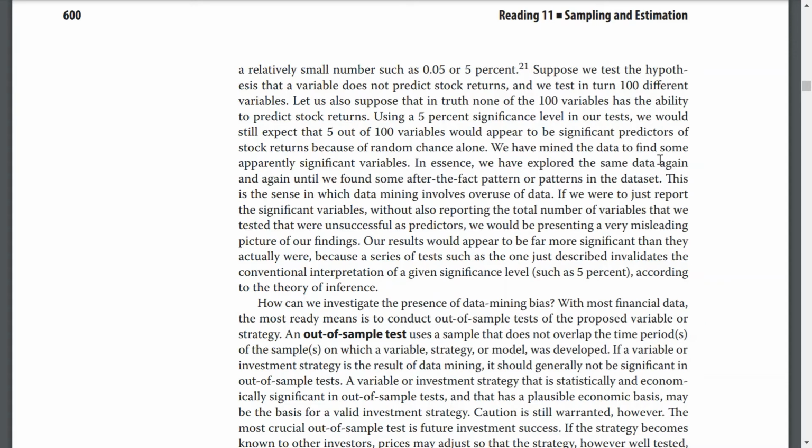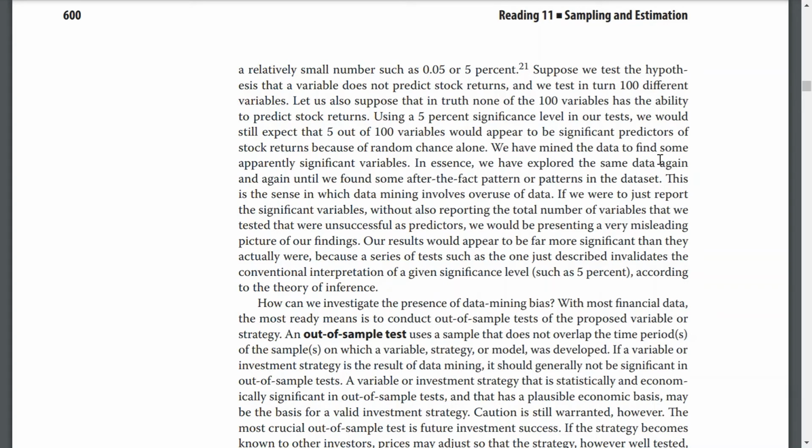In essence, we have explored the same data again and again until we find some after-the-fact pattern in the data set. If we present only the significant variables, without also reporting the total number of variables that we tested in order to find those that were successful as predictors, we would be presenting a very misleading picture of our findings.